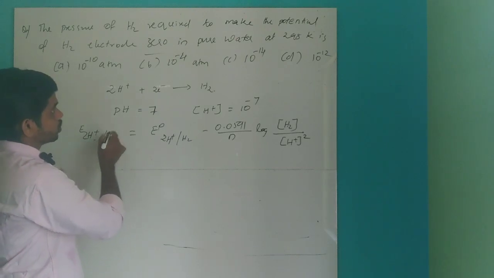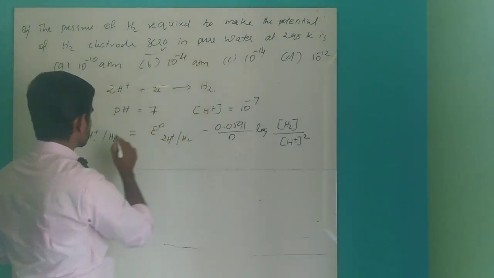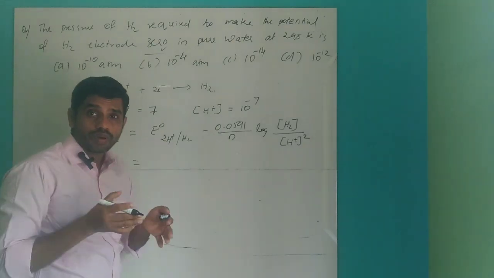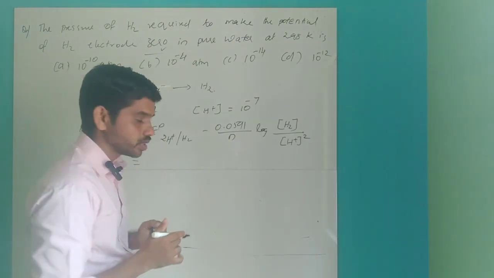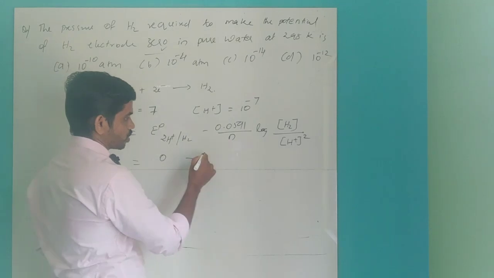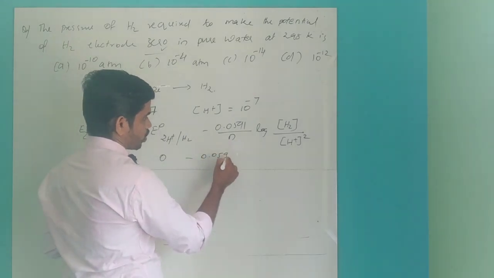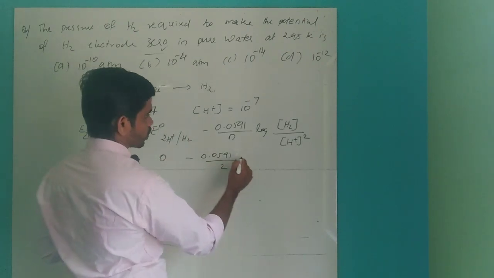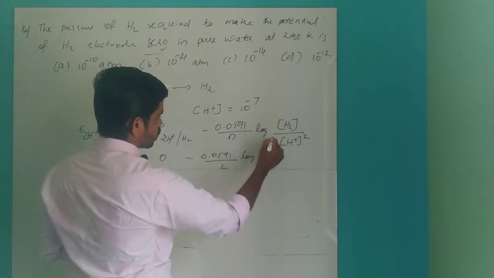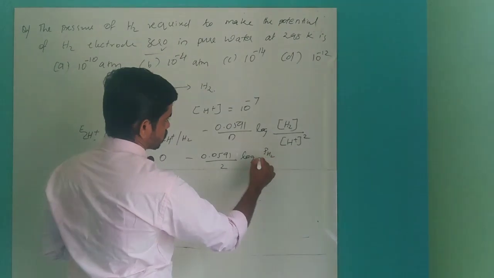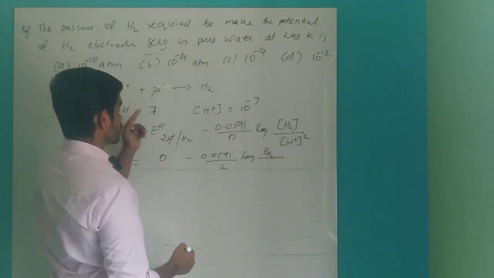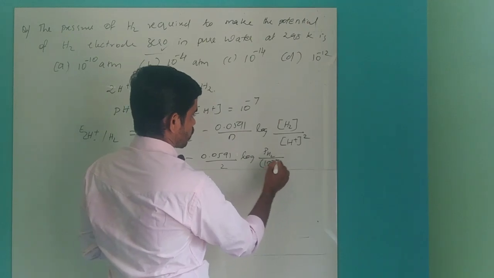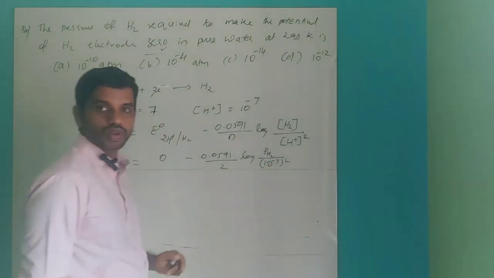Now you have to make the potential 0. So hydrogen electrode potential 0. The standard electrode potential of hydrogen is 0, minus 0.0591 by N, the number of electrons transferred, that is 2, log of, this only we have to find out, the pressure of hydrogen, divided by the concentration H plus, 10 power minus 7, the whole square. Okay, right?